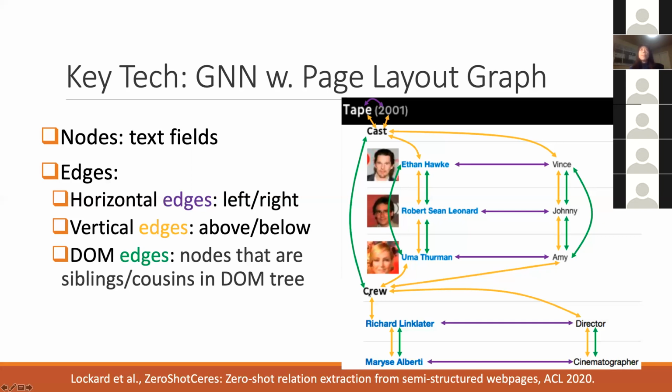It could also be DOM edges representing the DOM siblings or DOM cousins in the DOM tree. So with this, we are able to build the graph, and the idea is whatever we learned about this text field can be propagated into its horizontal neighbor, into its vertical neighbor, and also to its DOM neighbor.